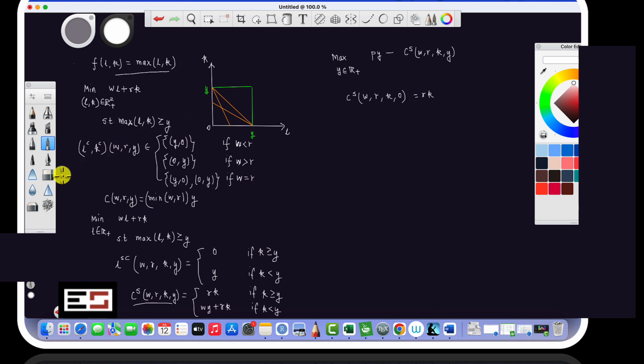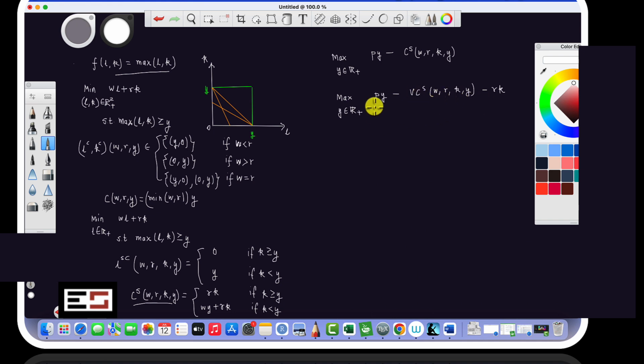So we can write this profit maximization problem as follows: maximize py minus the variable cost in the short run. We can just write the problem like this, and notice that rk is just a fixed term.